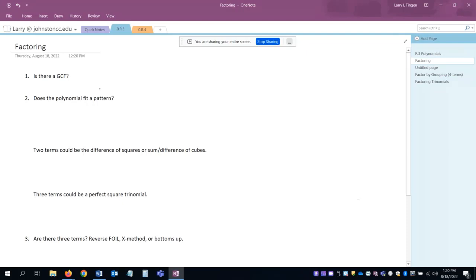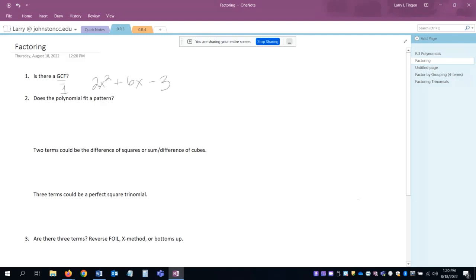Is there a GCF? So if I have plus 6x minus 3, do I have a GCF in here? Let me be clear with the language here. Is there a GCF? Yes, there's always a GCF. It's just sometimes it's 1, which means nothing happens. In this one, that's not the case.